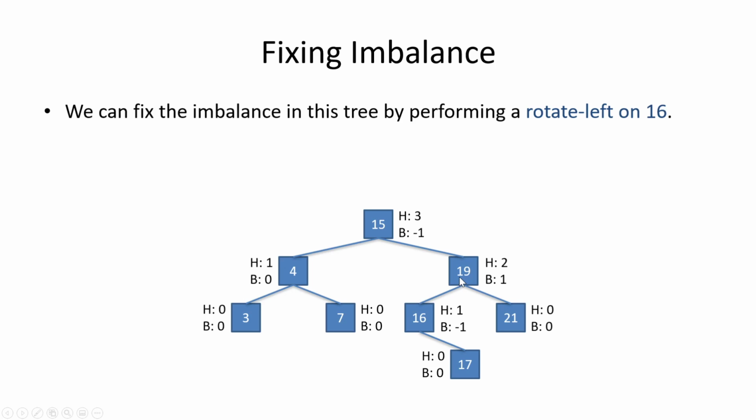And then the balance factor is 1 minus 0 is 1, again in our acceptable range. And then we will also have to recurse up to calculate the balance factor on the top level, although we'll notice here nothing changes. We still have height of 3 and balance factor of 1 minus 2 is -1.